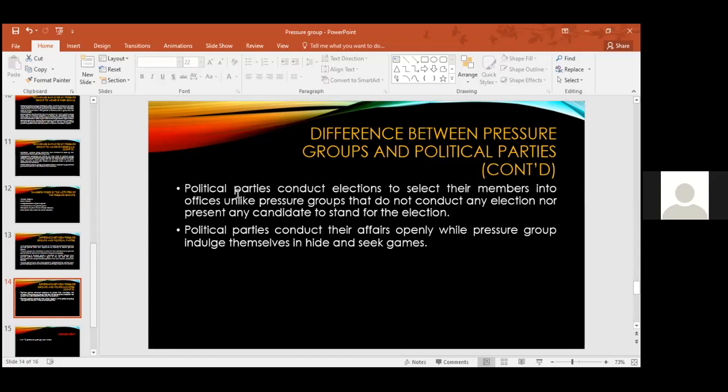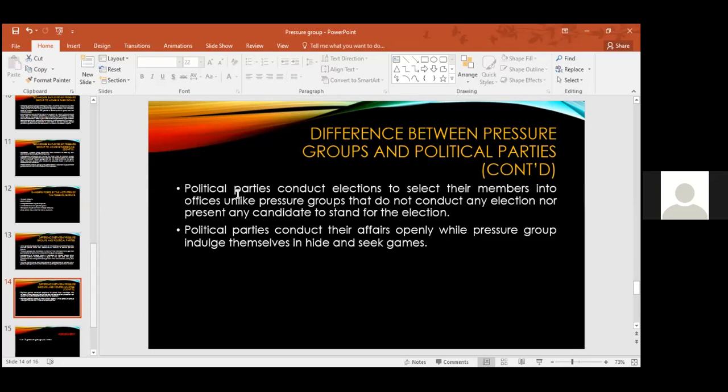Political parties conduct elections to select their members into offices, while pressure groups do not conduct elections. What are we trying to say? Political parties conduct something they call primaries. Primaries is what they use to select their candidates. They also conduct certain in-house elections to select key positions in their political parties.